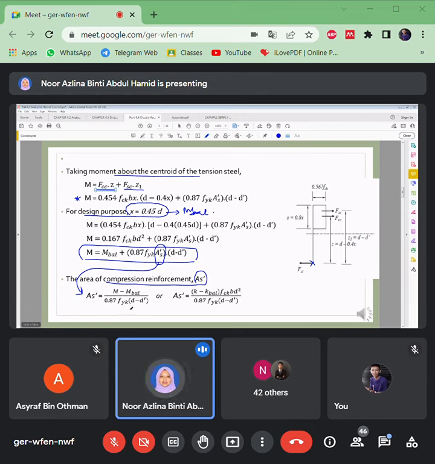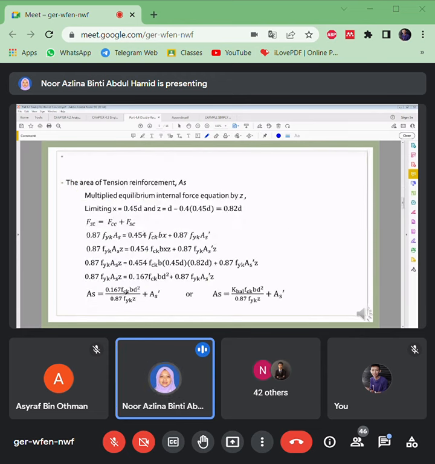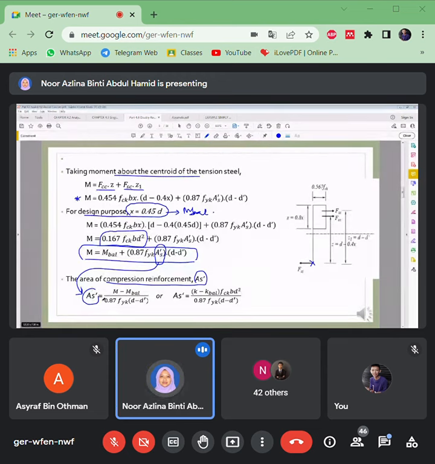Looking at this equation, AS prime is equal to M minus M balance. So what is M balance? M balance is 0.167 FCK BD squared. The real applied moment minus M balance, divided by all of these terms. So you can calculate the AS prime once you know the moment and then calculate the M balance.